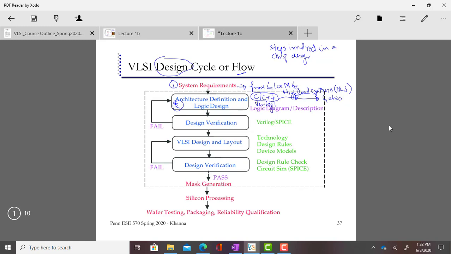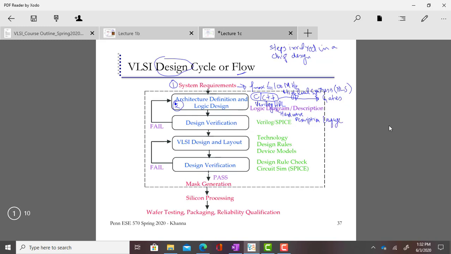This is a language, which we call HDL, hardware description language.